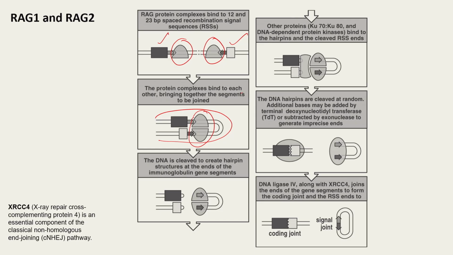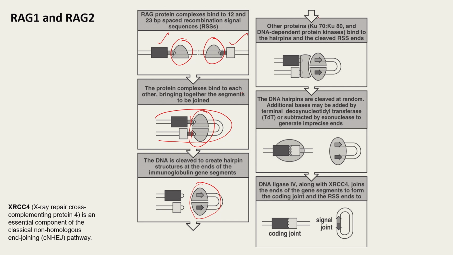Once they come close to each other, they make a staggered cut, first single strand and then double strand. Once there is a cut, this DNA double strand cleavage can make a hairpin like structure at the end of the gene segment, and then the two fragments carrying the RAG protein get segregated out. There are many other proteins which play a very important role, and some of them are listed here.